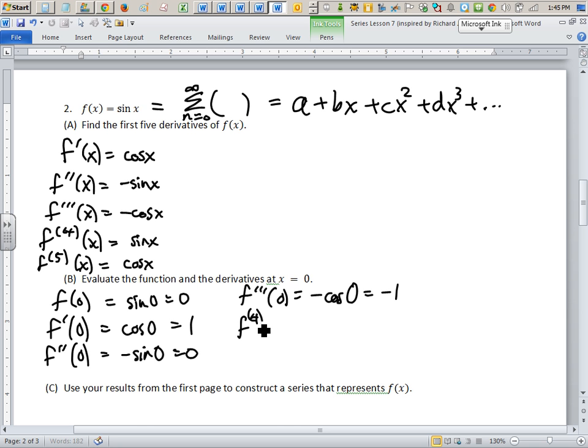The fourth derivative evaluated at 0 is sine 0, which is back to 0. And the fifth derivative at 0 looks like f negative 5.